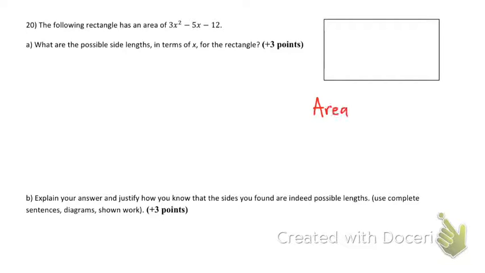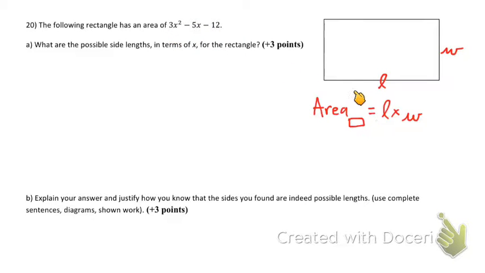The area formula for rectangles is equal to length times width. So we need to find the length times the width. And if I multiply them together, they should multiply together to give me this answer here, which is not a number answer we're used to.